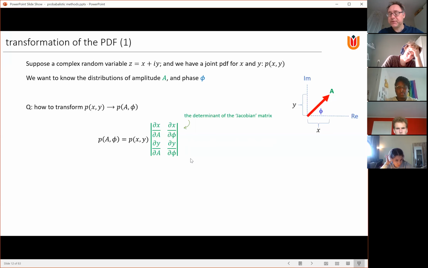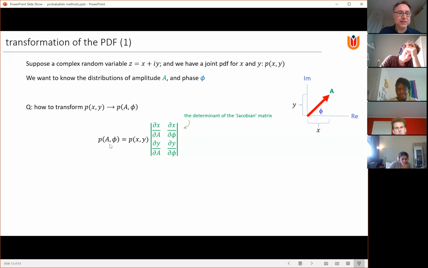And you can make this transformation by calculating the determinant. Is that determinant in English? I'm actually not quite sure. Well, the determinant of this Jacobian matrix, and then you can just multiply the old distribution with this factor, with this determinant, and then rewrite the whole distribution in terms of amplitude and phase.